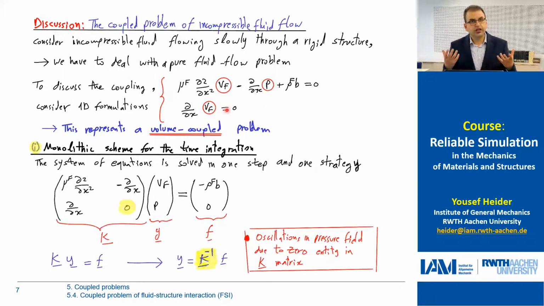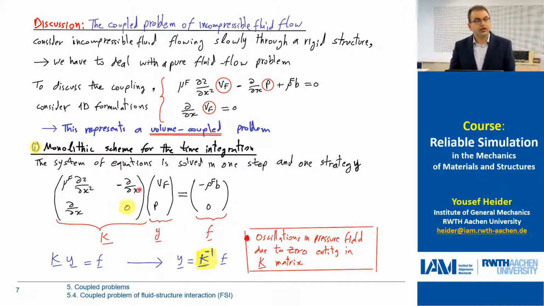Now, if we want to visualize this coupling, we can write the equations in a matrix form. If we want to go for a monolithic scheme, the system of equations is solved in one step and in one strategy, because the two equations are collected together, with a global mass matrix, a vector of unknowns, and a force vector.